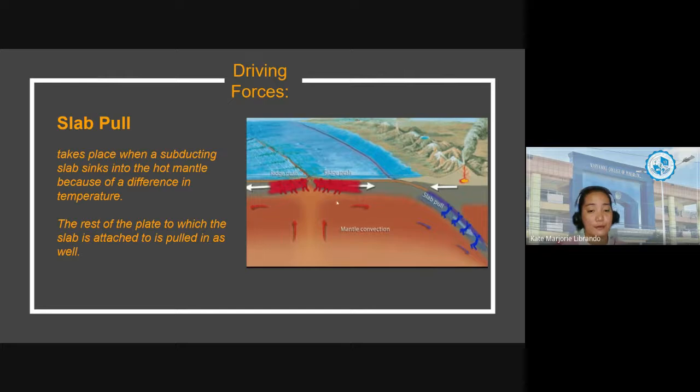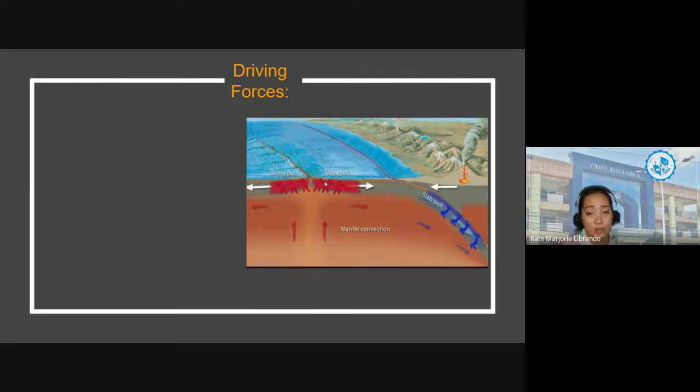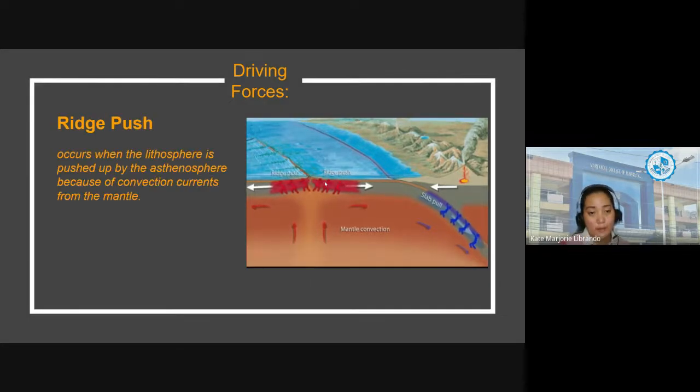Now we have here the red one, and that is also known as the ridge push. This ridge push occurs when the lithosphere is pushed up by the asthenosphere, because of the convection currents from the mantle. If you recall the seafloor spreading, in which two oceanic crusts move away from one another, that creates a divergent plate boundary, right?